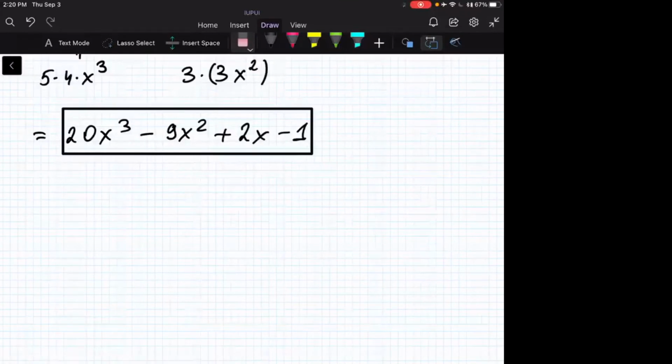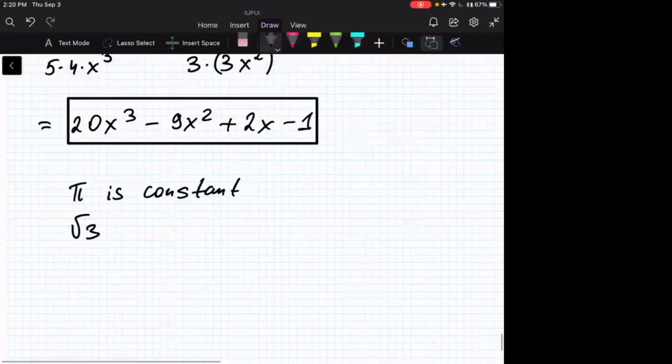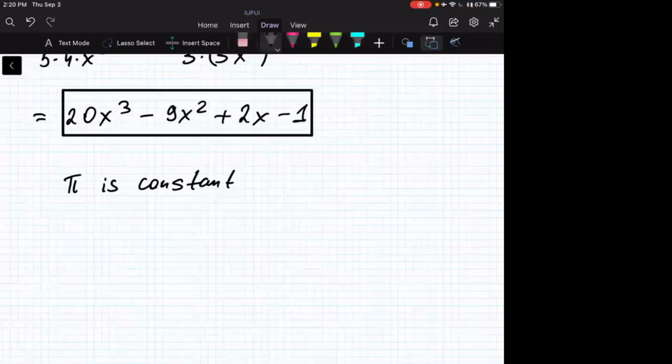But remember that sometimes you're confused with some constants, like pi is still a constant. Square root of 3 is a constant. 1 over 2 is a constant, and so on.